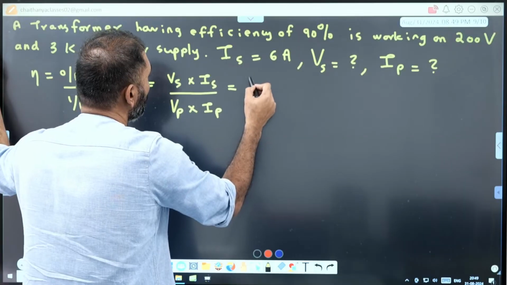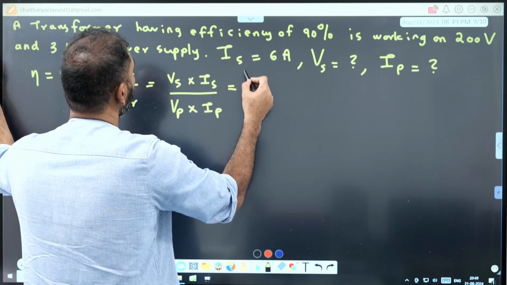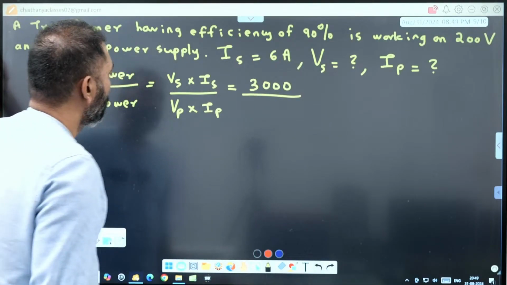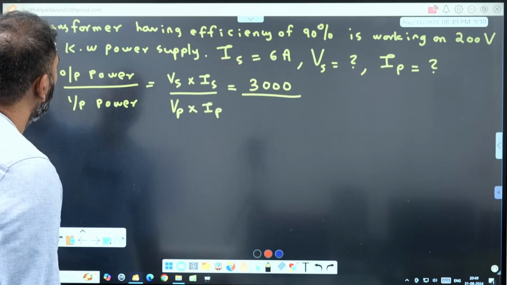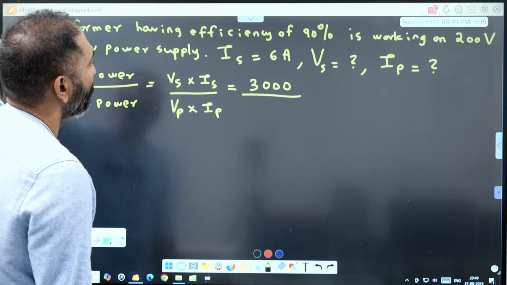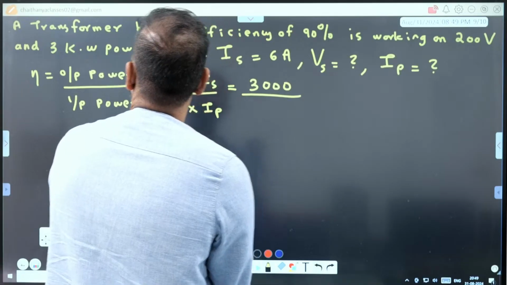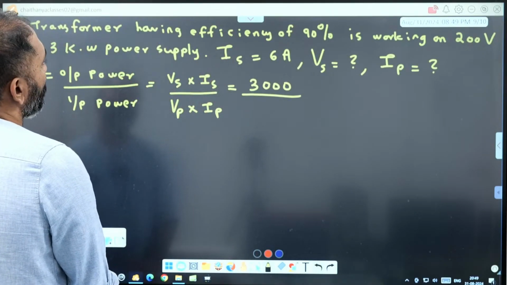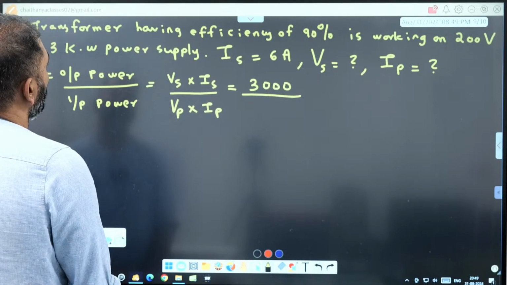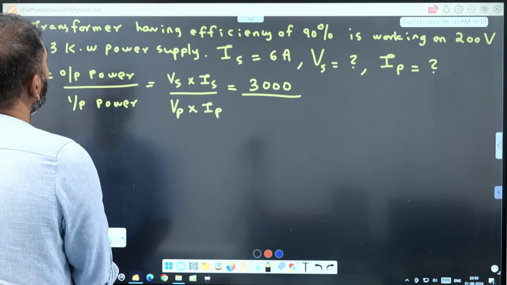Vs into Is is output power, which is 3 kilowatt, which is 3000. Divided by Vp into Ip. What is Vp? Vp is the given primary voltage.